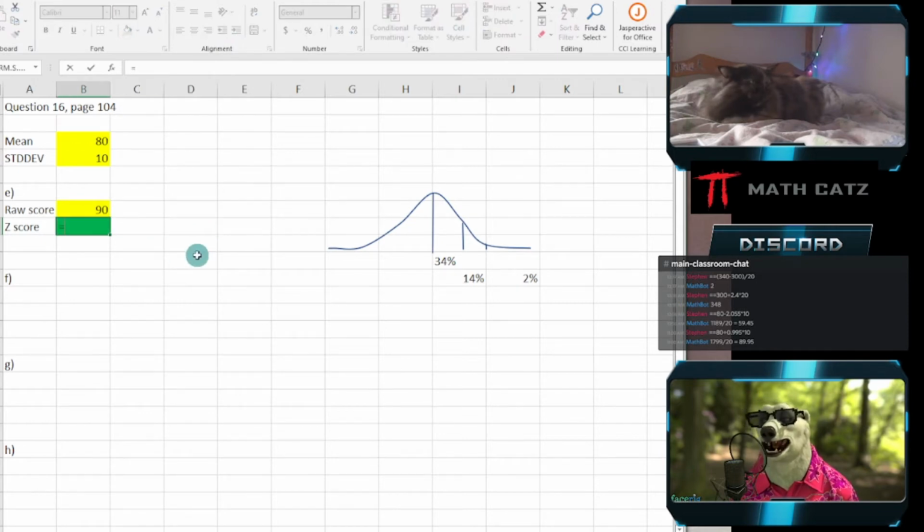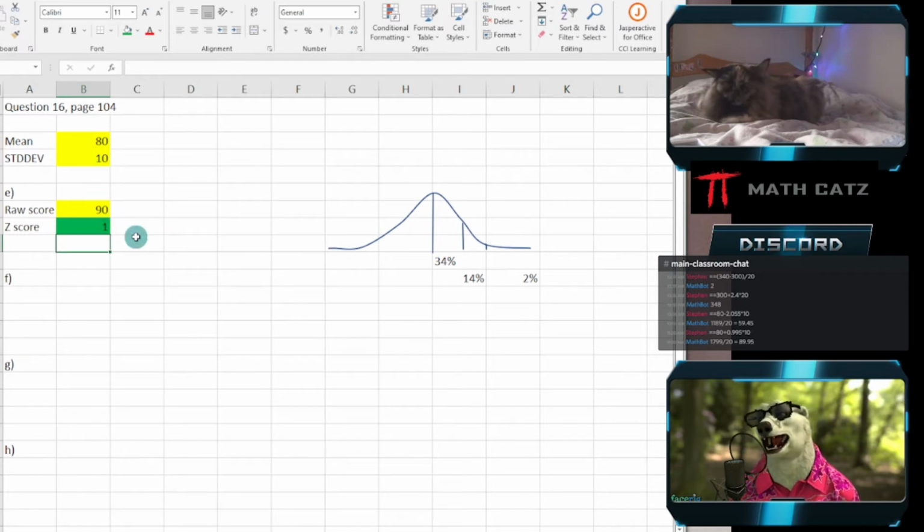And that'll be the same as before. Raw score minus mean, all of that divided by standard deviation. And I get a 1, which makes total sense. It's one standard deviation step away from the mean. So now I should put my numbers in here, but this is the 0, z-score 1, 2, and beyond.